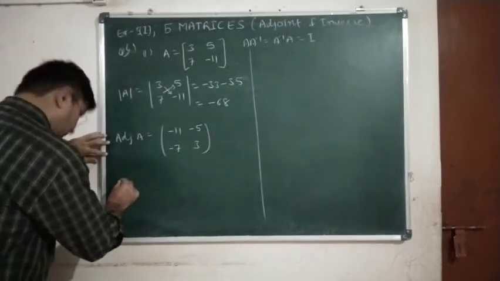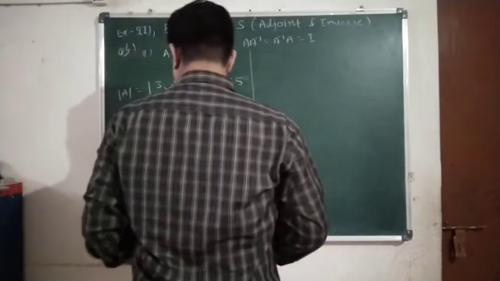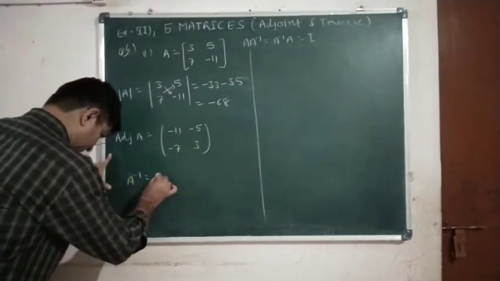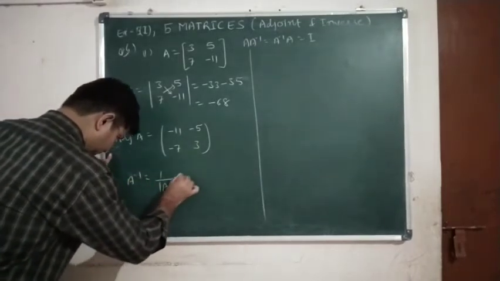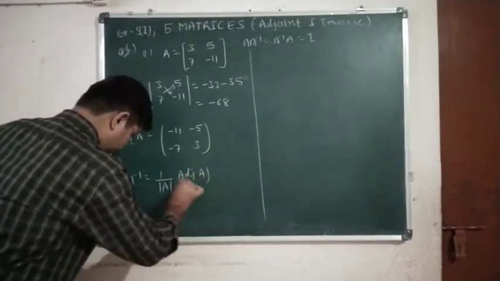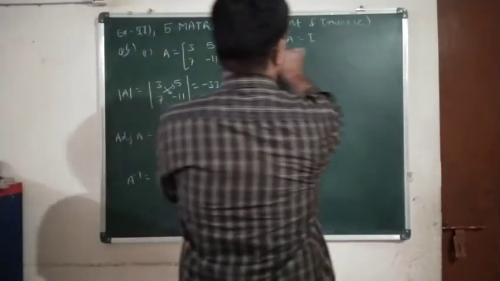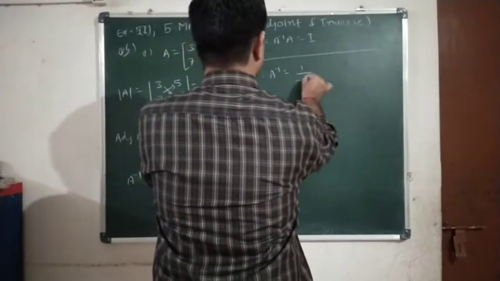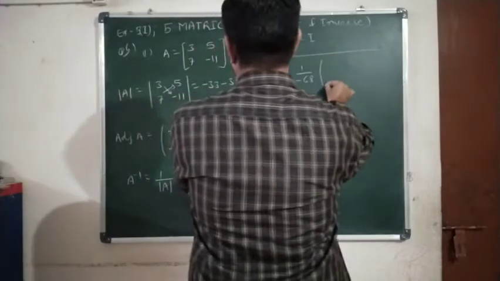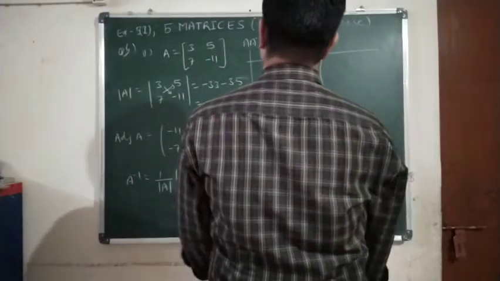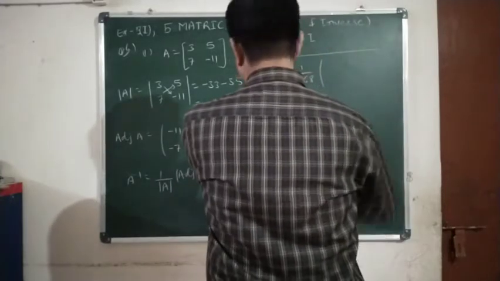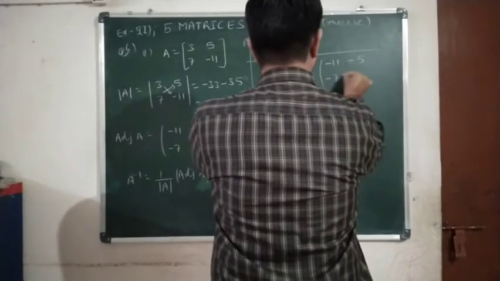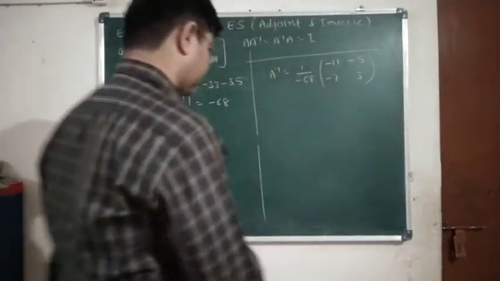Now we will find the product. Before that I will find out A inverse. What is the formula? 1 upon determinant of A into adjoint of A. Therefore, A inverse is equal to 1 upon minus 68 into the adjoint: minus 11, minus 5, minus 7, 3.